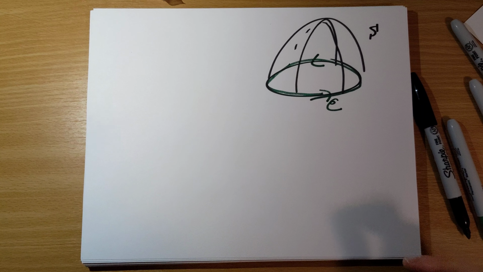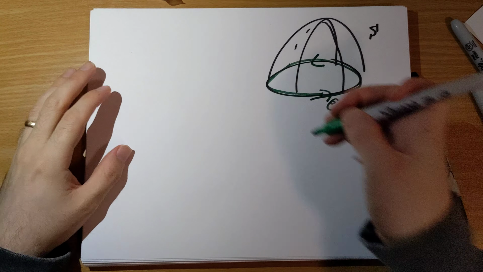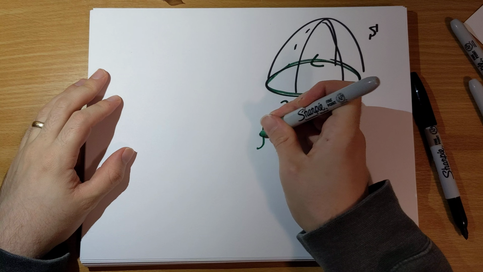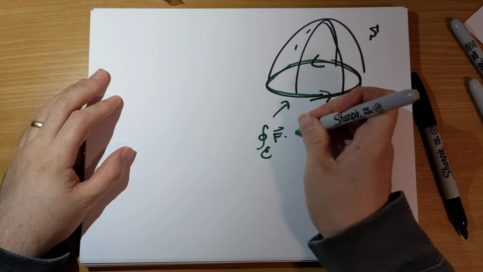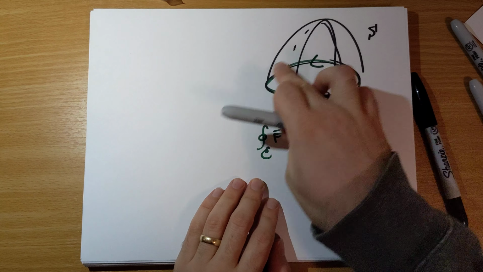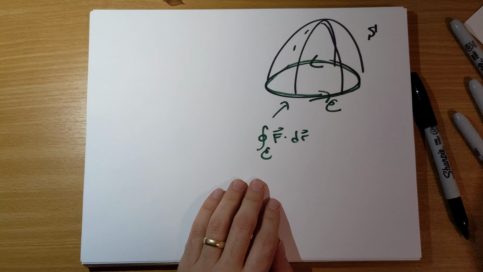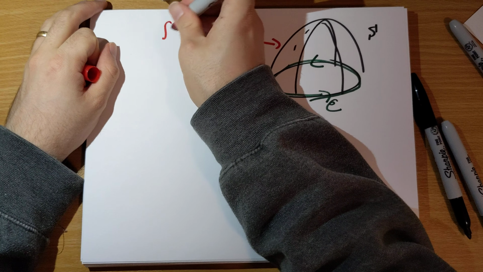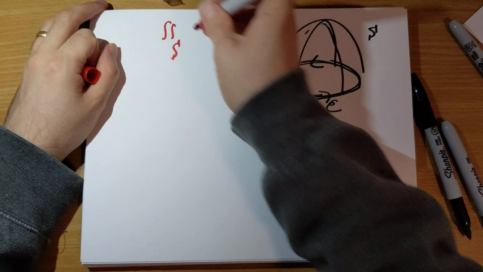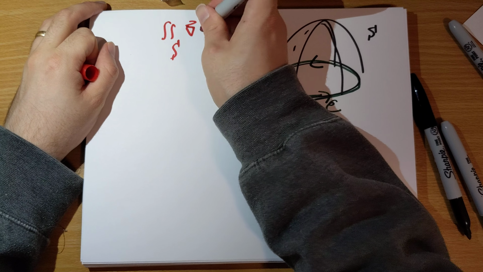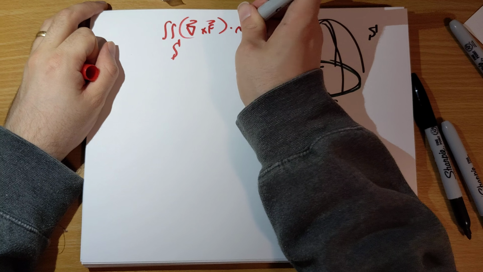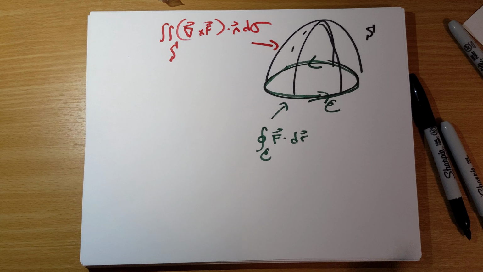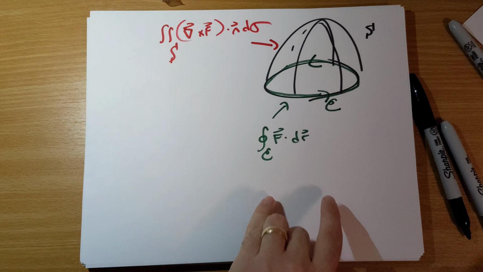So what Stokes' theorem is saying is that the integral along C of F dot dr, the integral of F along the boundary, is exactly equal to the double integral over S of the curl up here. So somehow this is equal to this.